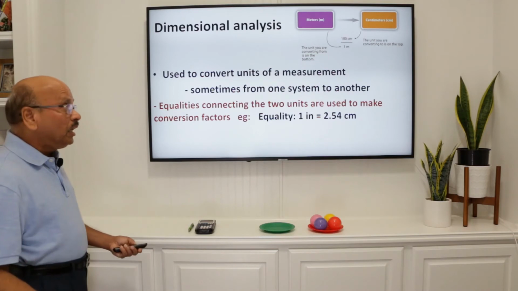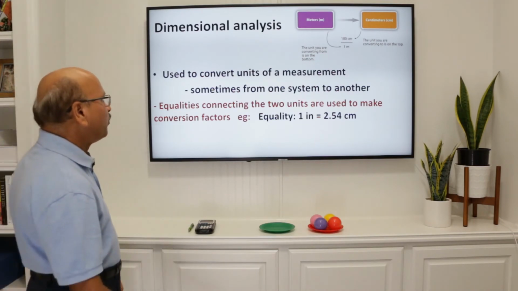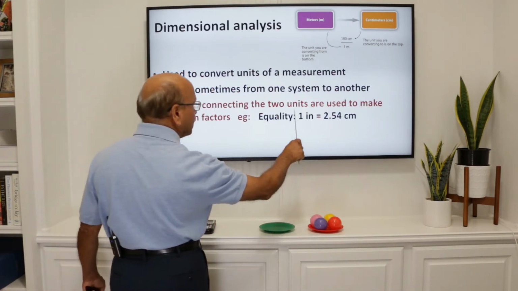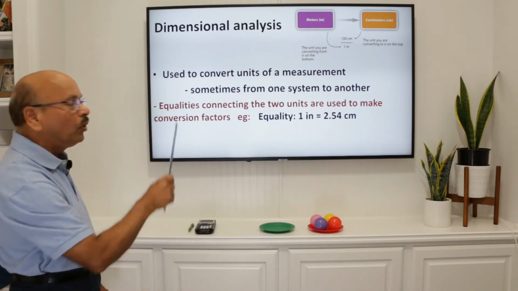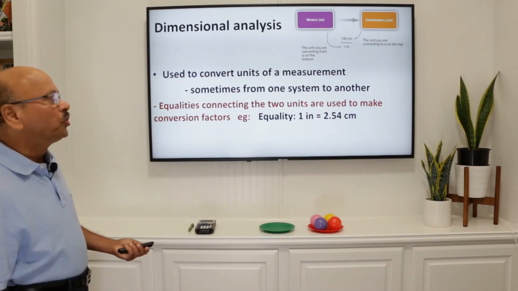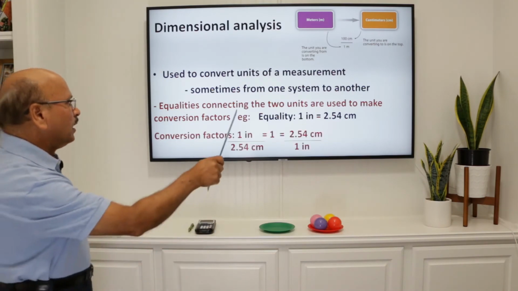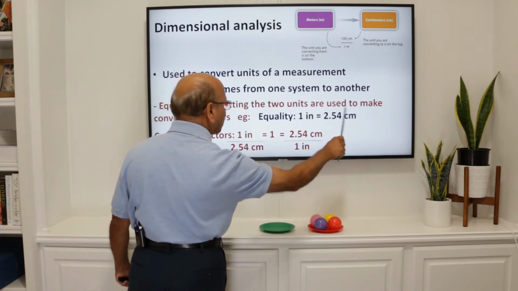Now we need equalities connecting these units. For example, if the equality is 1 inch is equal to 2.54 centimeters, that equality can be used for making 2 conversion factors. What is that? Now, we can divide the 1 inch by the 2.54 centimeters.